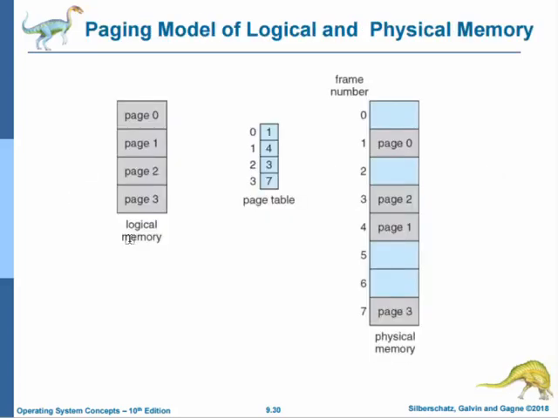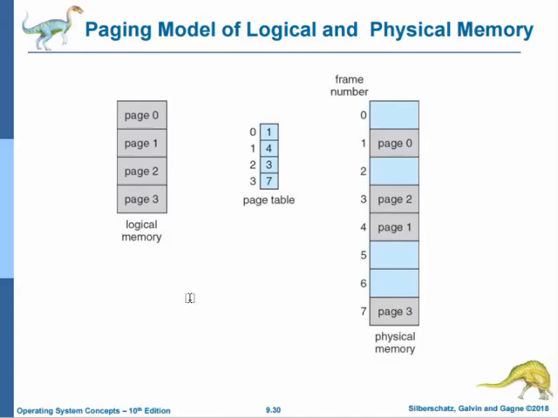Now, in the paging model of logical and physical memory, the following outlines the steps taken by the memory management unit to translate a logical address generated by the CPU to a physical address. The first thing it does is extract the page number P and use it as an index into the page table.